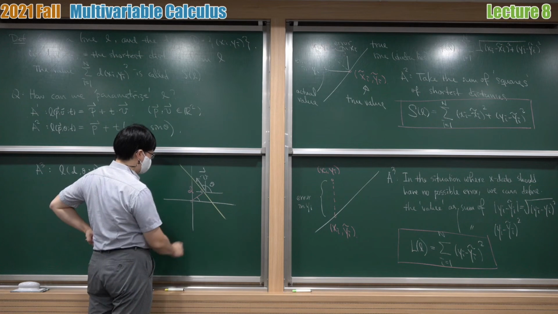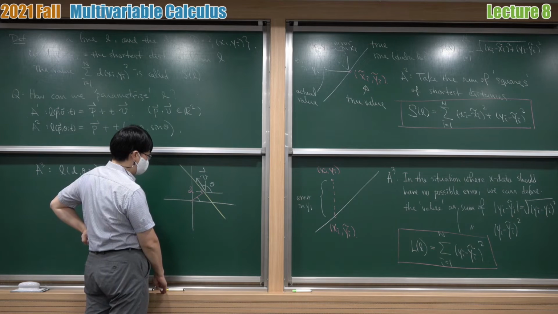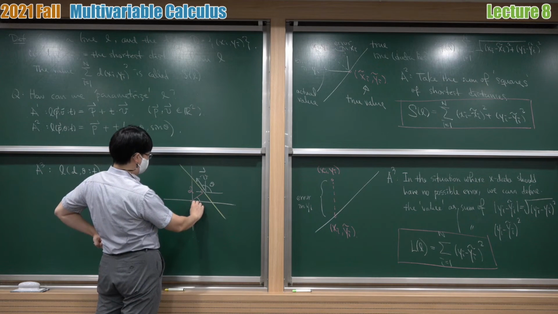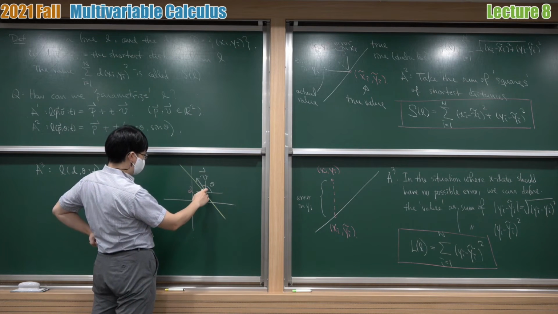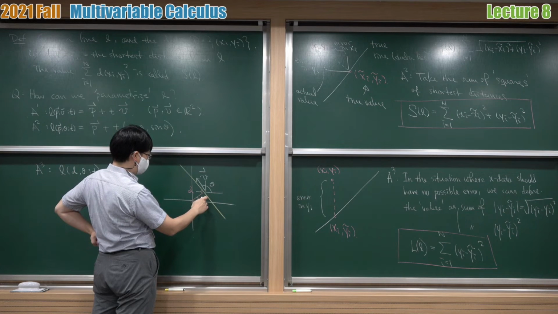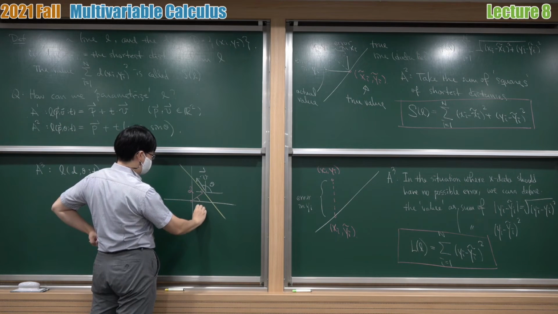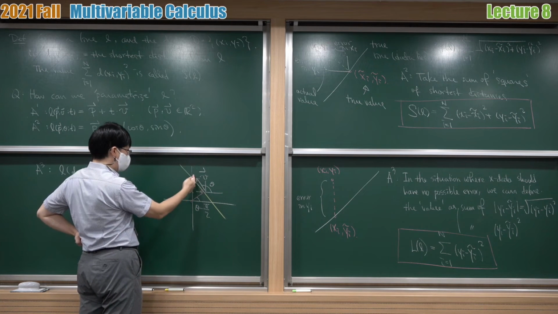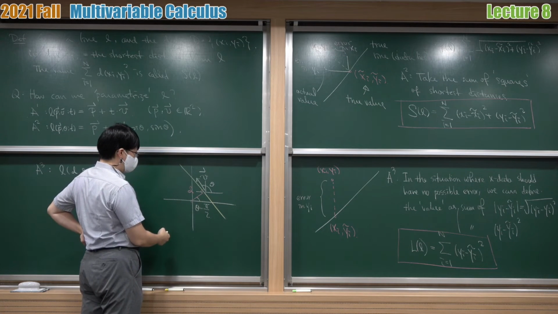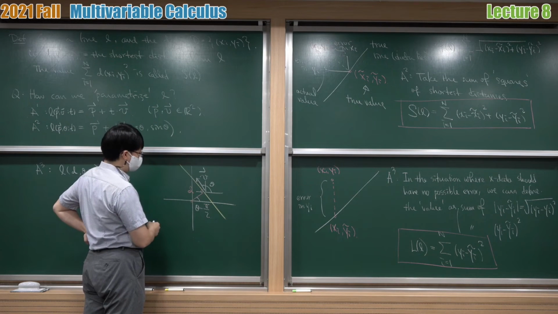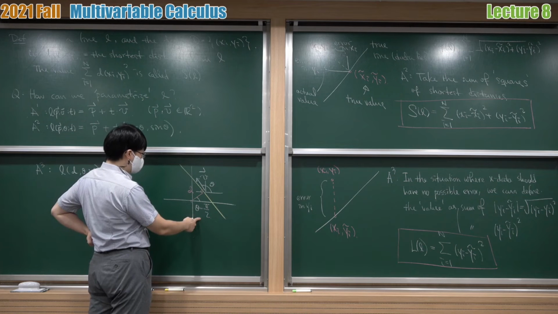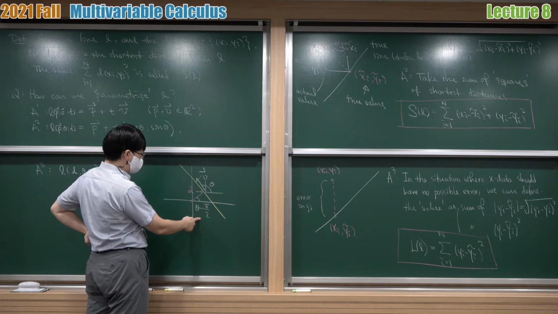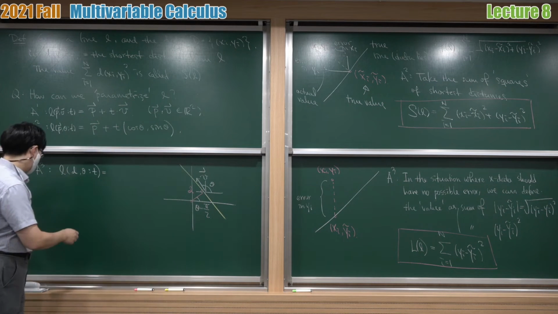Theta minus pi over 2, 90 degrees. This angle is the same as this angle. Okay, so let's take that.